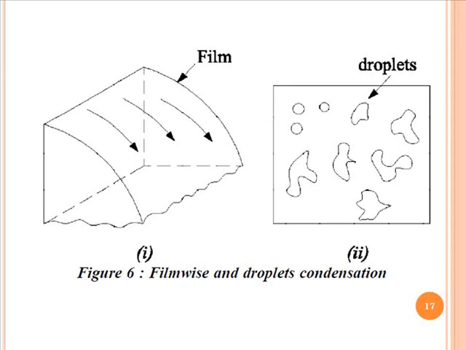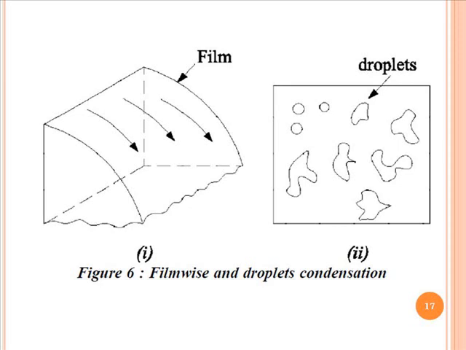Film condensation takes place when pure vapor condenses on a clean surface. The best example we can consider is during the summer season, particularly the monsoon season: if a plastic bottle is filled with cold water, immediately we will observe that a vapor blanket forms on the outer side of the water bottle.